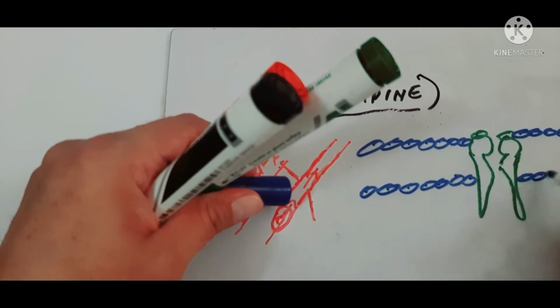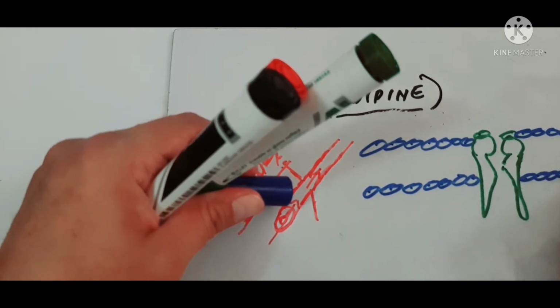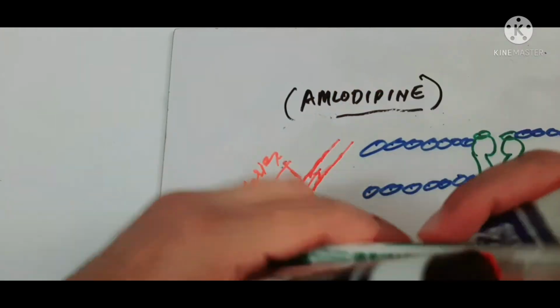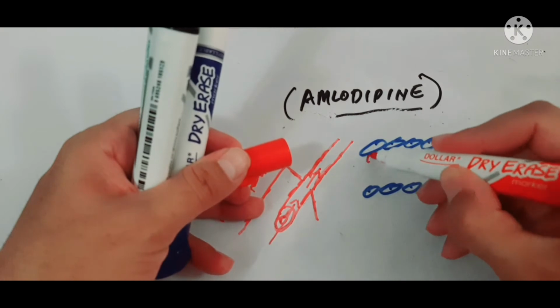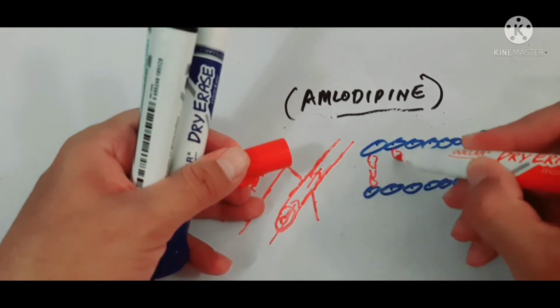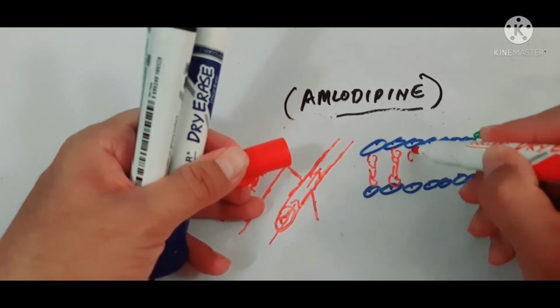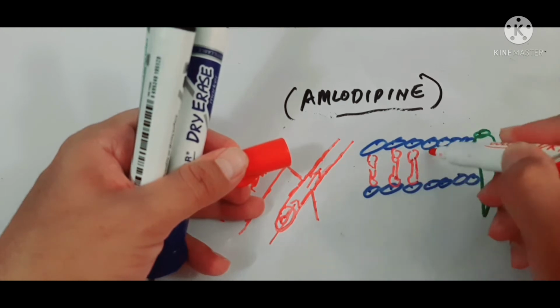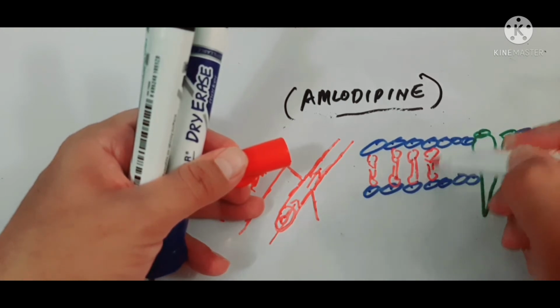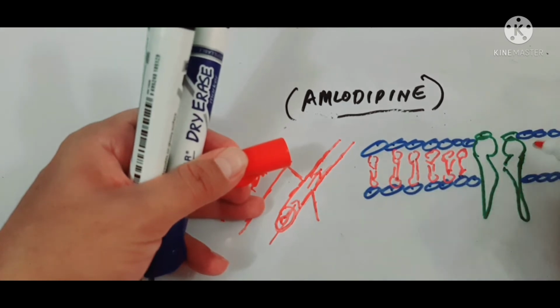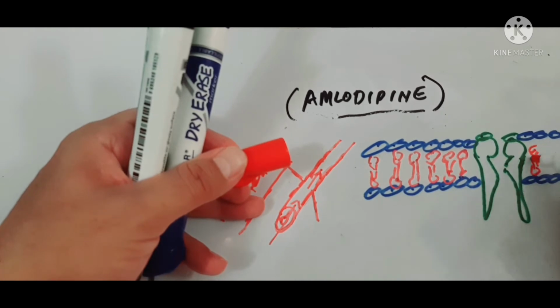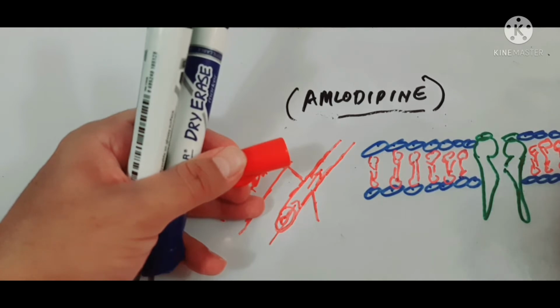We are drawing the cell membrane, and there is also a channel called the calcium channel.